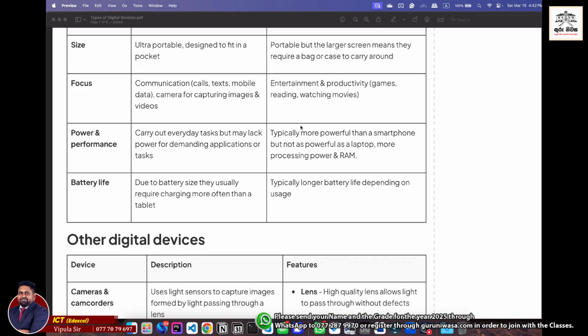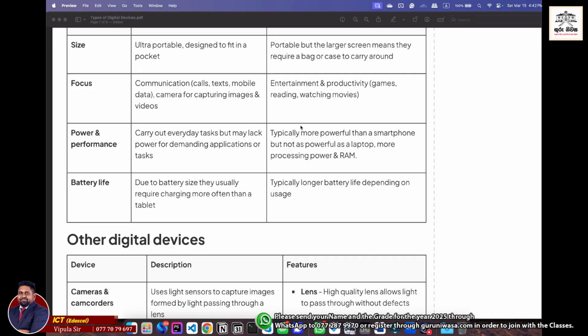So same power, same performance, but you get extreme portability. You can take it anywhere you want, and you can perform almost all the similar activities as you do with a laptop.